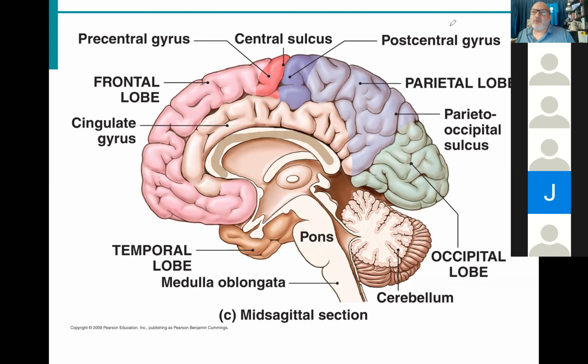And of course, the key word in that sentence was the largest, because that implies that there are other commissural tracts. And in fact, there are 3 that you are responsible for. We've already talked about one, the intermediate mass, connects the 2 hemispheres of the thalamus. But there are 2 others that you need to know as well.